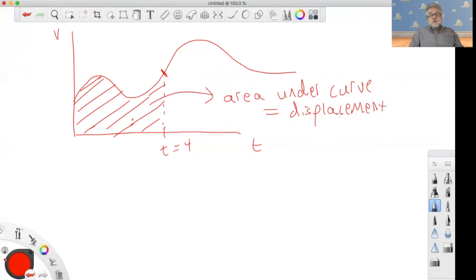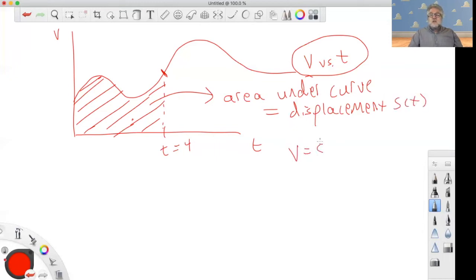Does the area under the curve only equal displacement? Only if it's velocity versus time. That's the only time that the area under the curve will give us a displacement, is if we're using a velocity versus time graph. And the reason why that is the case is the velocity. So this is s of t.